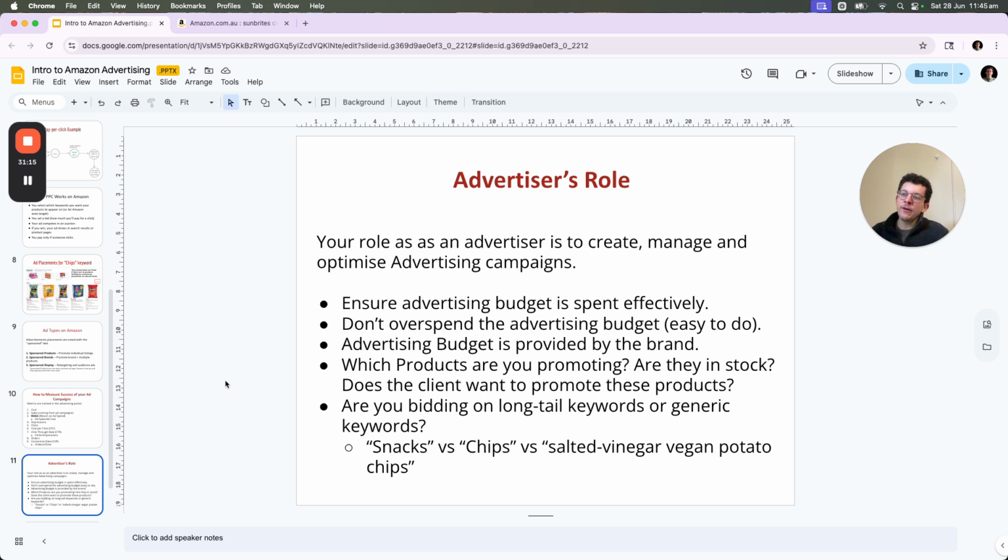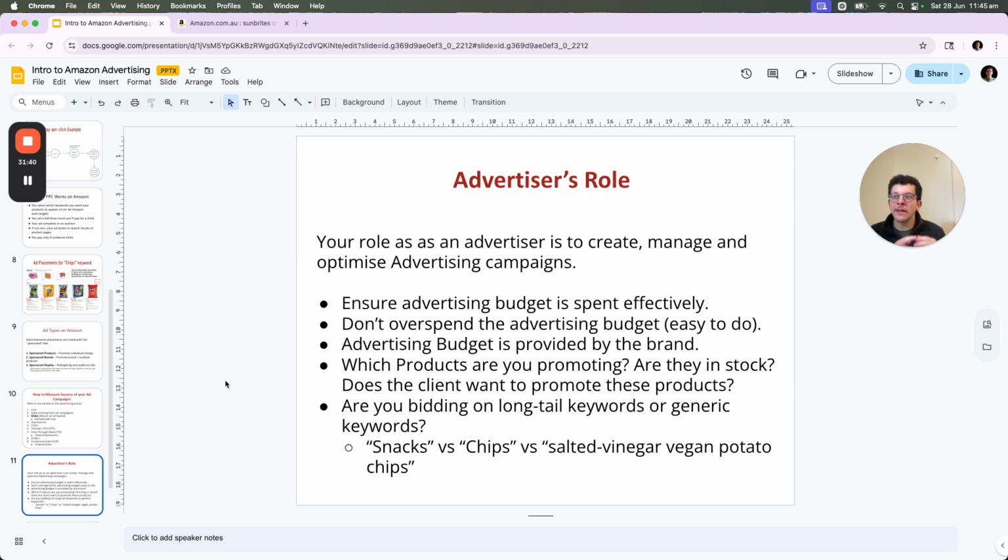So as an advertiser, or as a person managing advertising campaigns, you've got an important role, and your role is really to create, to manage, to optimize the advertising campaigns for the brand. The brand will typically provide you with a monthly budget, how much they want to spend on advertising per month.